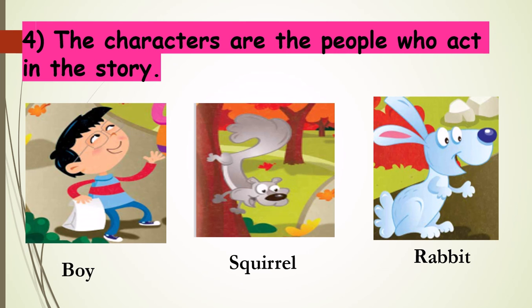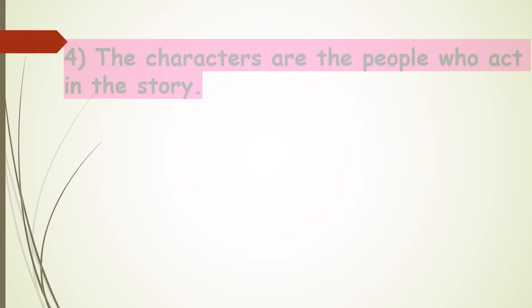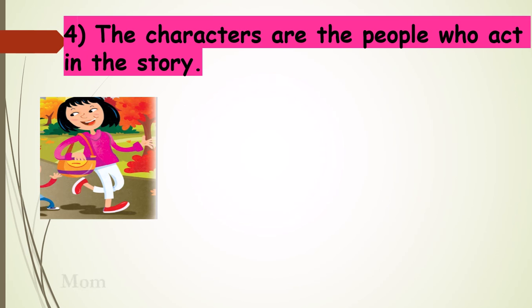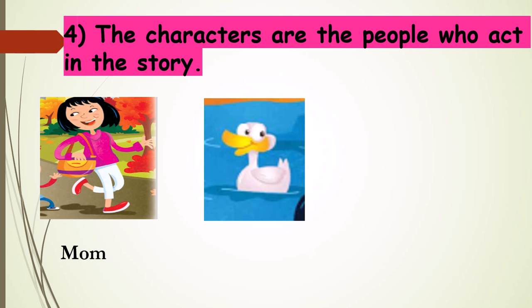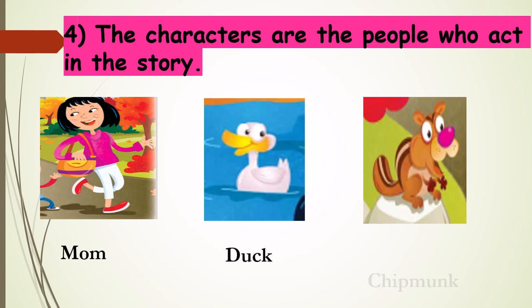Did we have another? Yes. I have mom, I have duck, and I have chipmunk. So I have 6 characters. Who are they? Boy, squirrel, rabbit, mom, duck, and chipmunk.